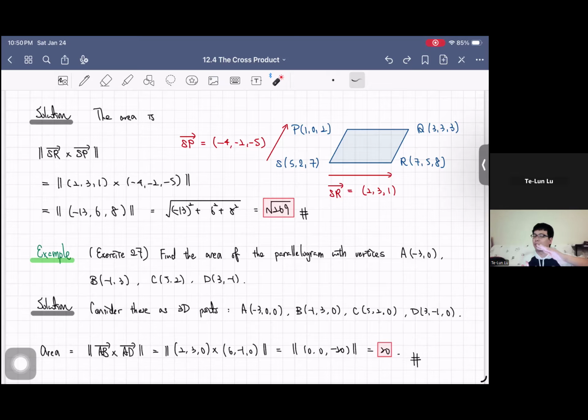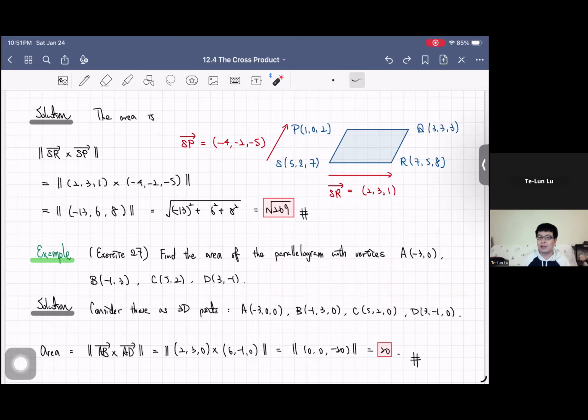You can see that the XY plane is just embedded inside the three-dimensional coordinate system. So you can think of a 2D point as a 3D point, adding 0 as a z coordinate, sorry.